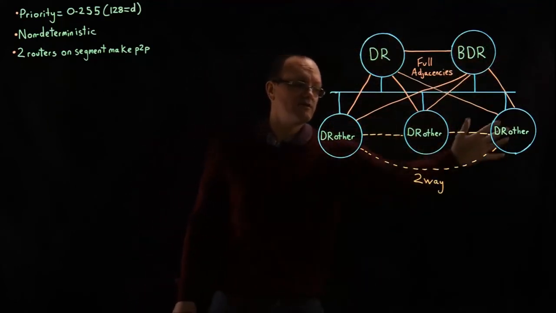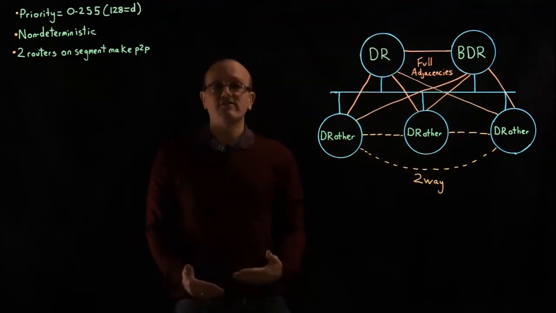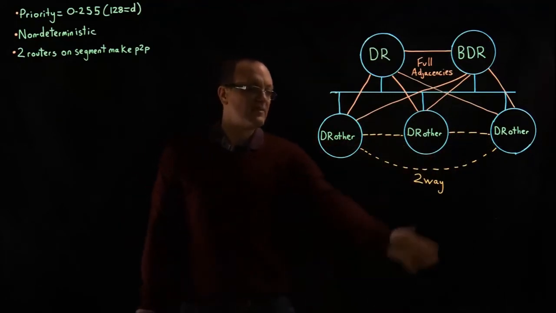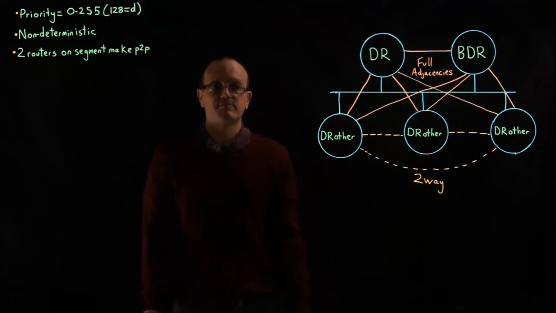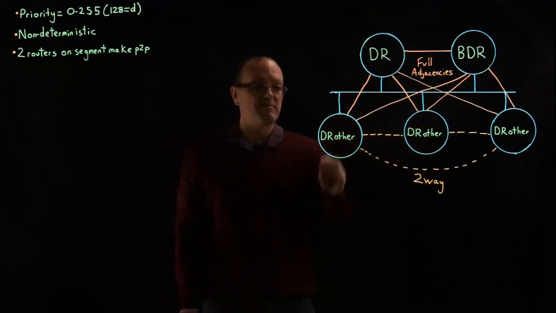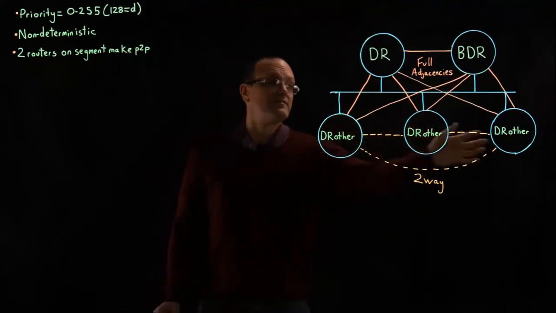Between each other, they have adjacencies, but they have stopped in the two-way state. These routers are said to be in the DROther state.